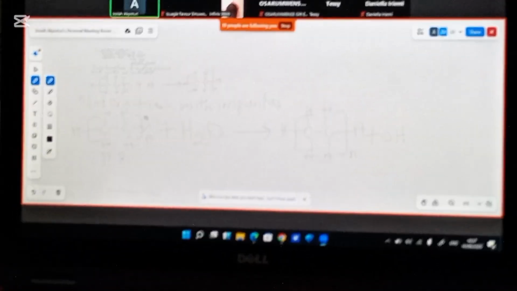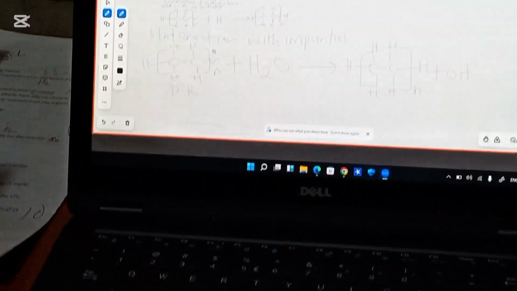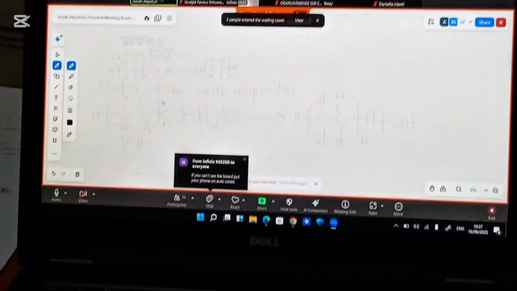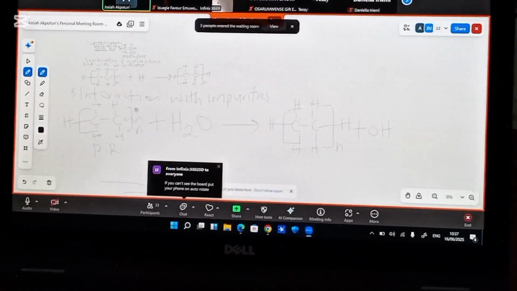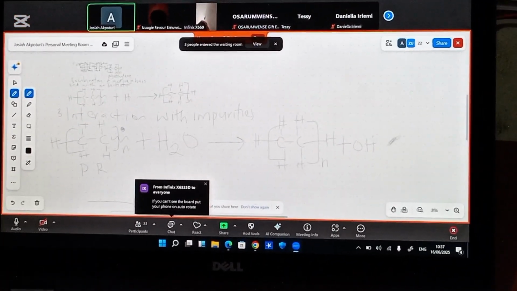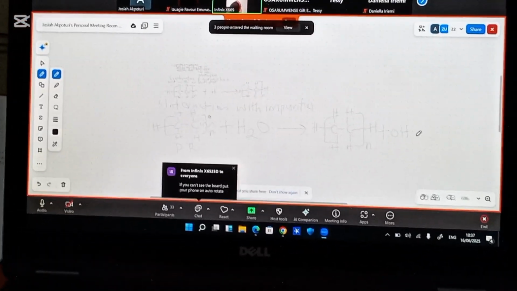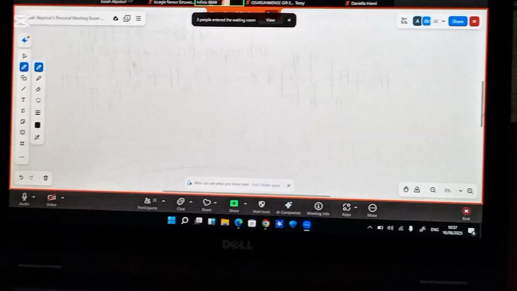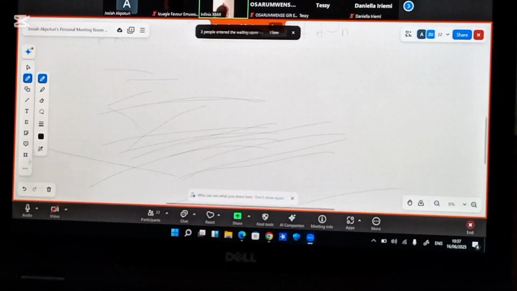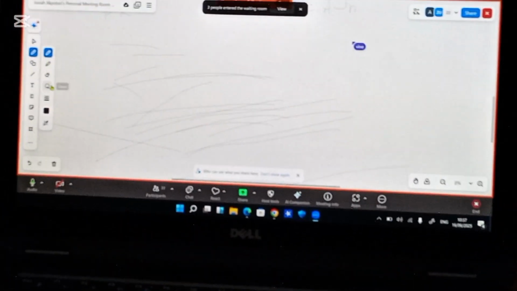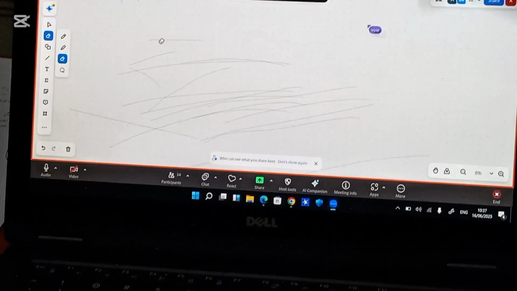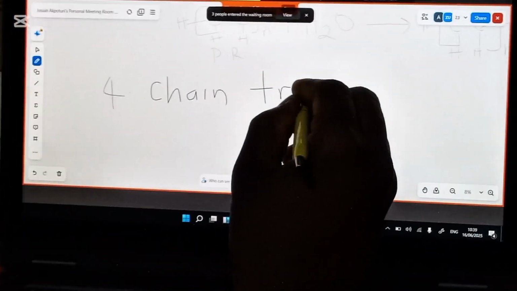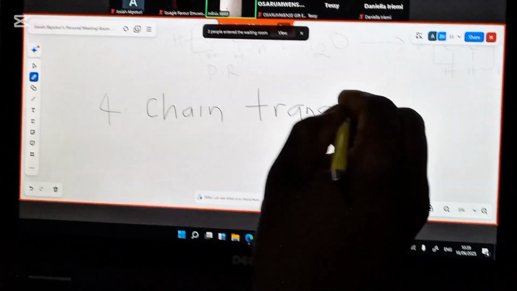In the note, if we have taken the note for number 3, so number 4. Number 4 is chain transfer.